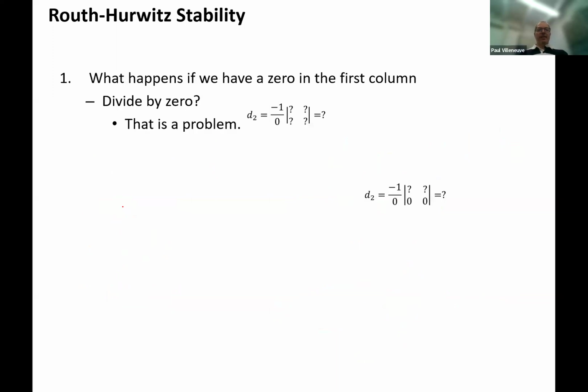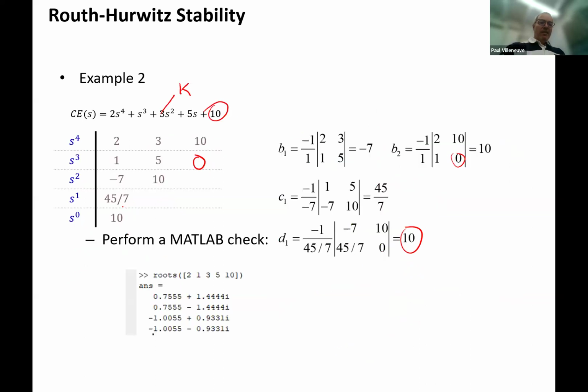All right, so what happens if we have a 0 in one of these columns here? We shouldn't have a 0 here, because that would mean you don't actually have a high order s term. So you could have a 0 here. What happens if you have a 0 here? That would be plus 0 s cubed. Close.